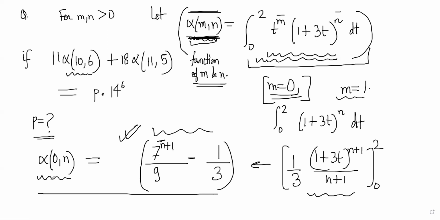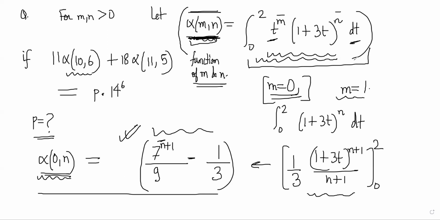Yes, sir. That is the meaning of alpha of m and n. Two variables are there. The only variable that will disappear is the t dt, which will get integrated. Do you understand what I'm saying?